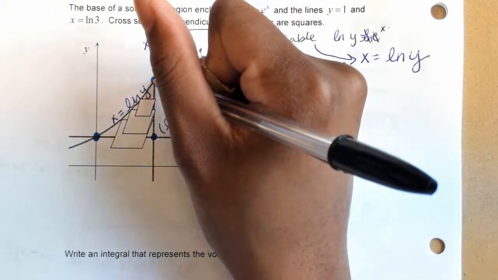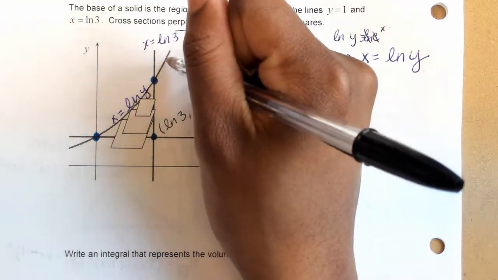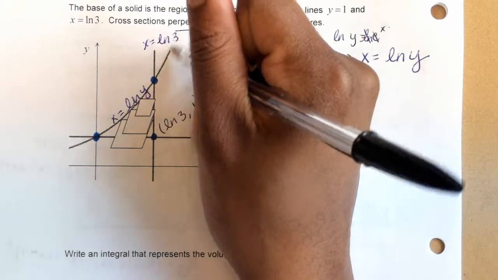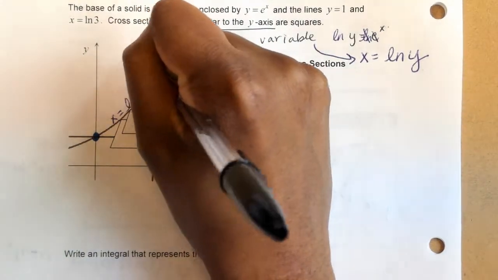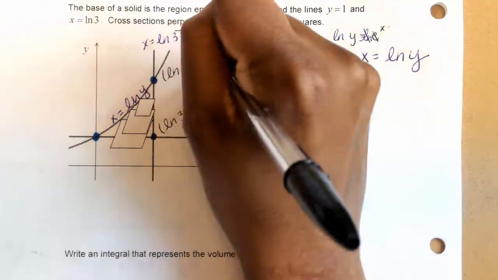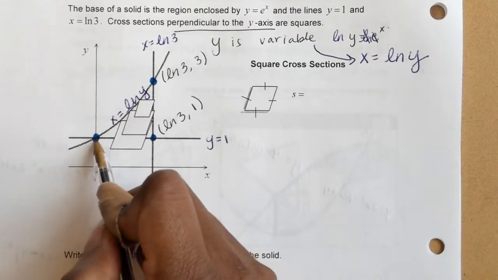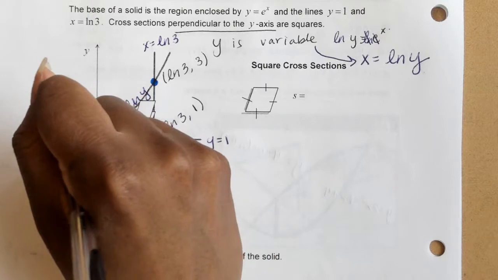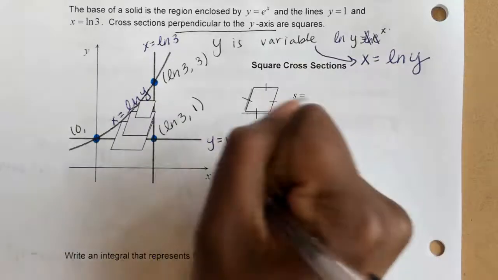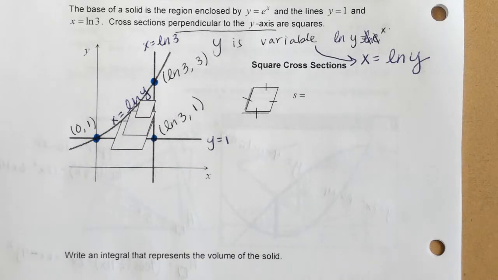And then up here, this line is ln of 3, this graph is ln of y, and if they intersect here, that means y is equal to 3. So we have ln 3, comma 3. And then down here, we're on the y-axis, so we know x is 0, and we know y is 1. So we have our 3 points of intersection.